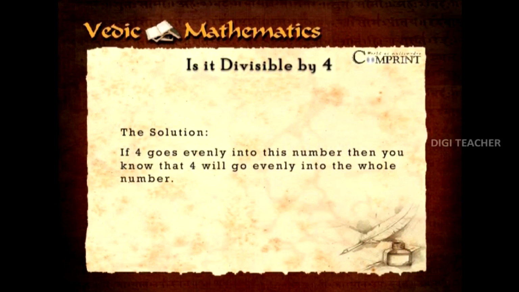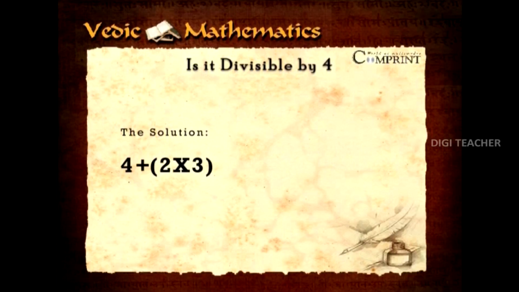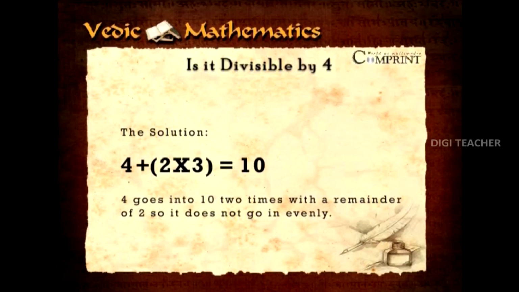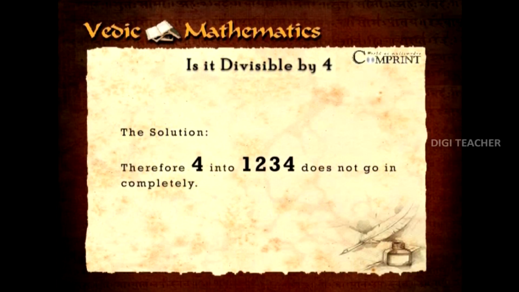If 4 goes evenly into this number, then you know that 4 will go evenly into the whole number. So, 4 plus 2 times 3 equals 10. 4 goes into 10 2 times with a remainder of 2, so it does not go in evenly. Therefore, 4 into 1234 does not go in completely.